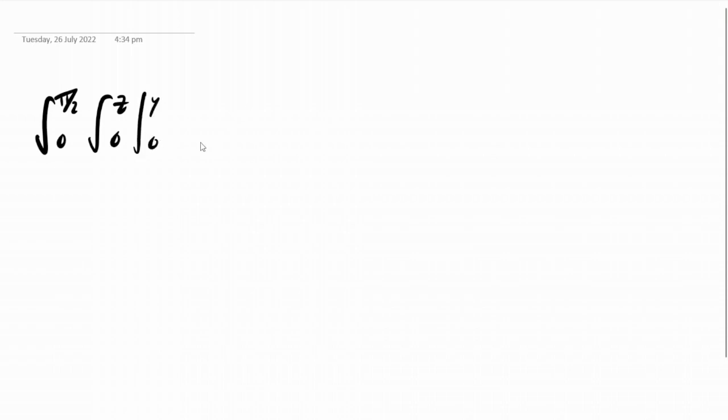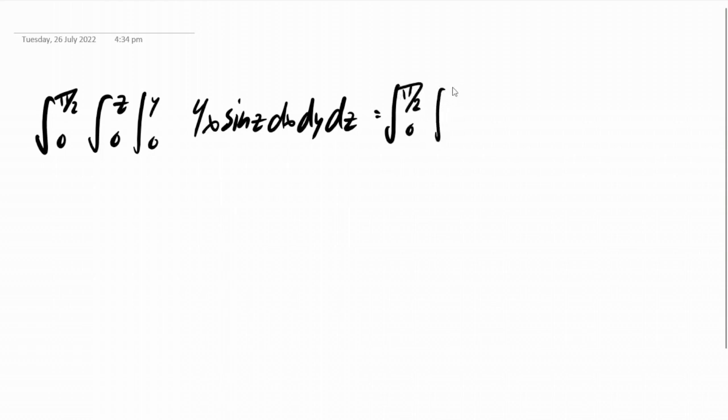Another example is the integral from 0 to pi over 2, 0 to z, 0 to y, of x sine z dx dy dz. This equals to the integral from 0 to pi over 2, 0 to z, 0 to y, of x sine z.